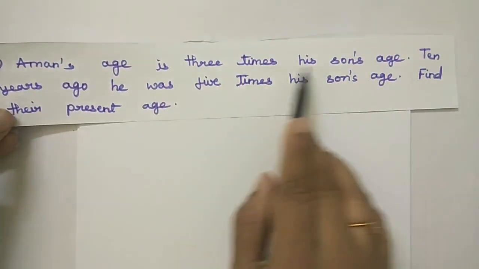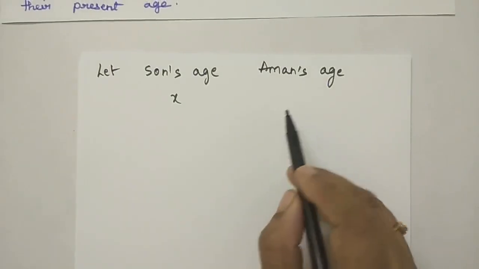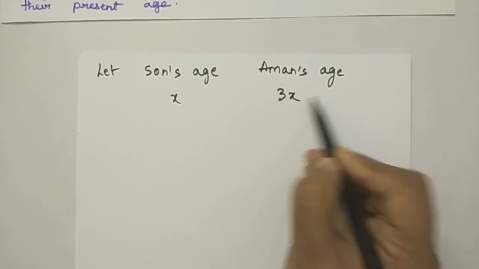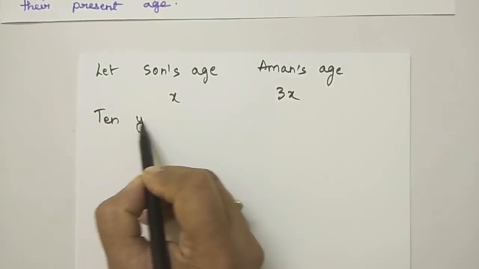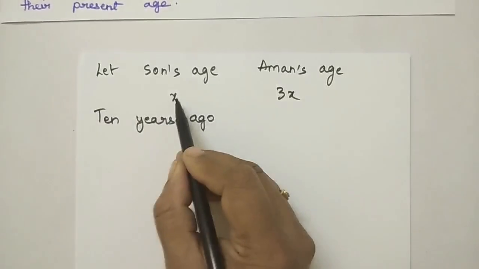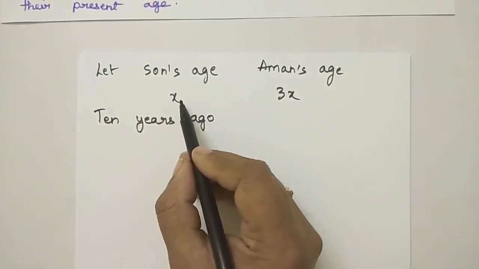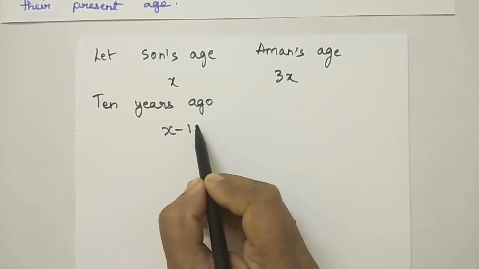So if the son's age is x, then Aman's age is 3 into x, is it not? So this becomes 3x. Ten years ago means we have to add minus 10, is it not? So let's simply add: x minus 10.